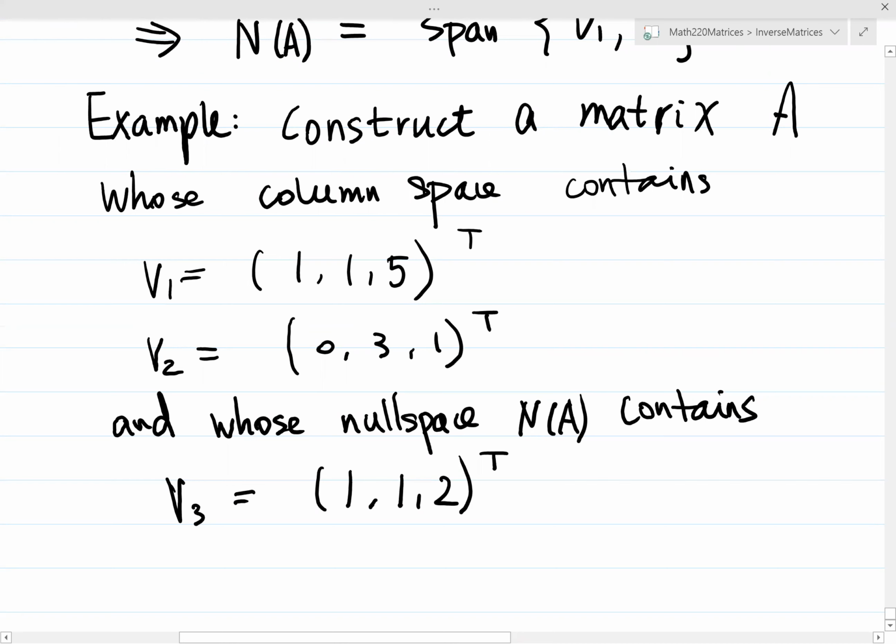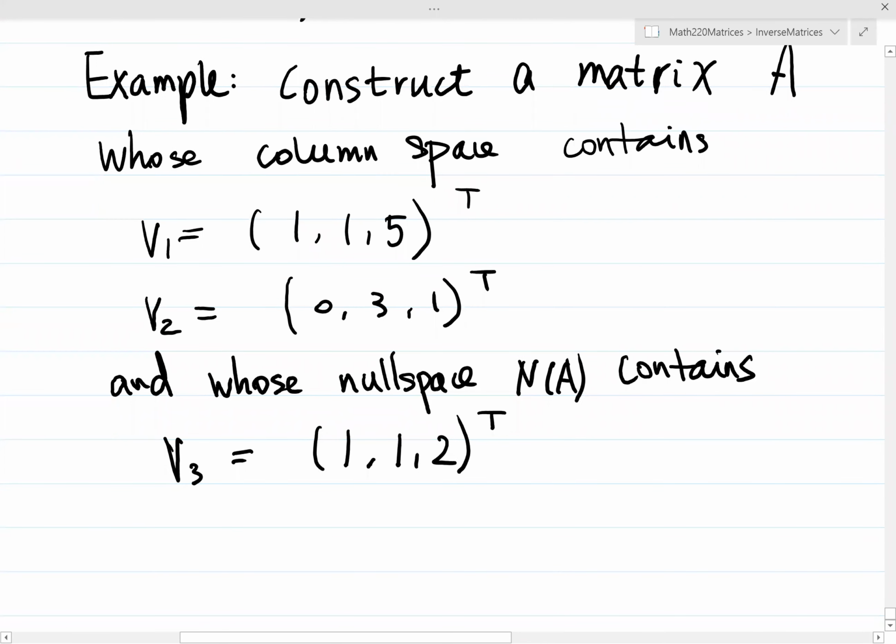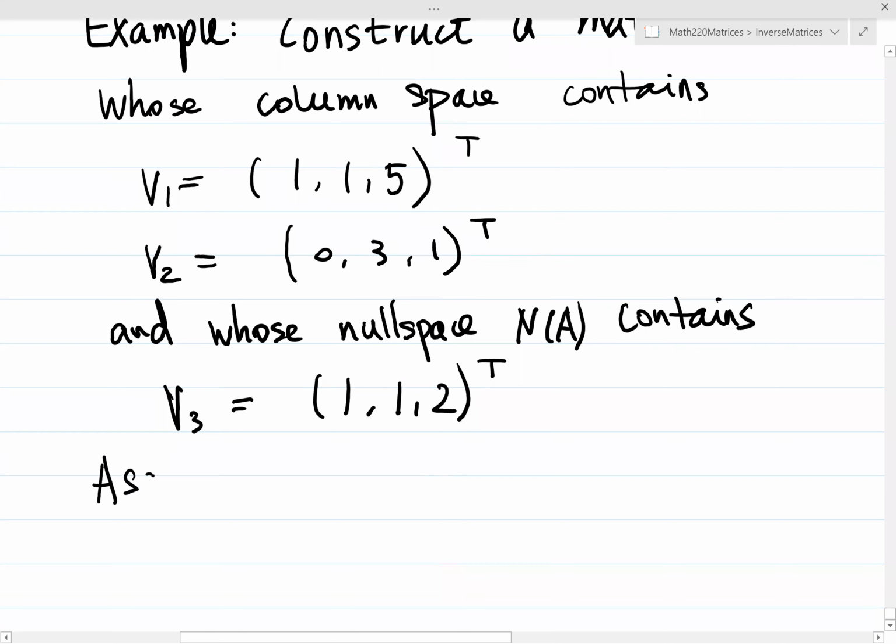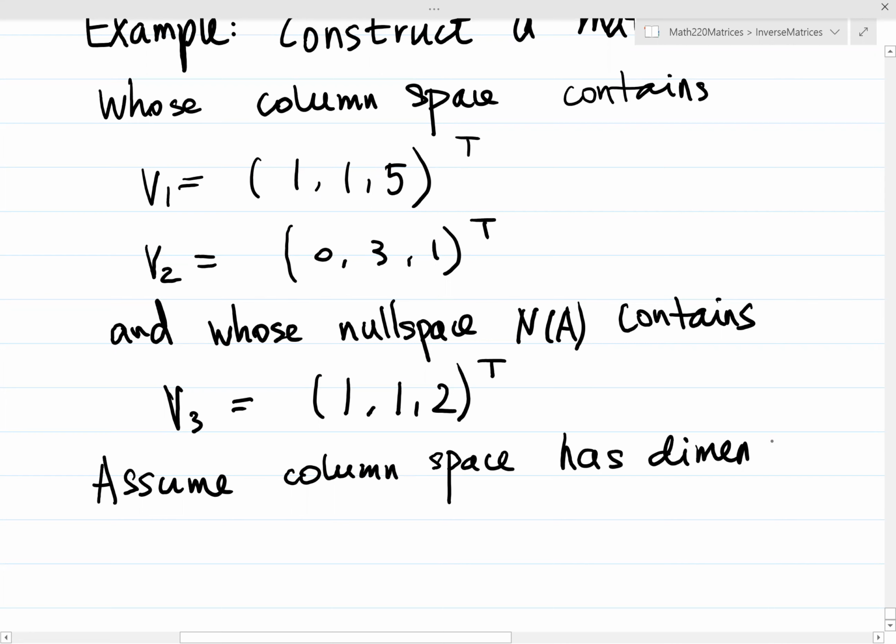We just constructed one example, not all examples. We know the dimension is greater or equal to 2, so we assume it to be 2. So to get one example, assume the column space has dimension 2, spanned by V1 and V2.